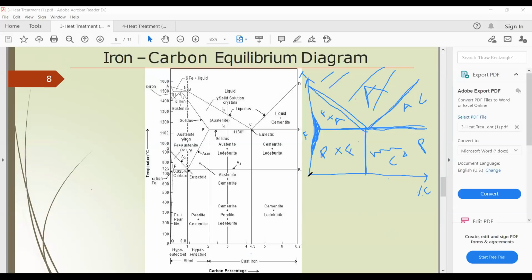With an increment in the percentage of carbon available, the temperature does not change. So that is called the critical line, that means the lower critical line. So that temperature is 723, right? So that one you need to remember.